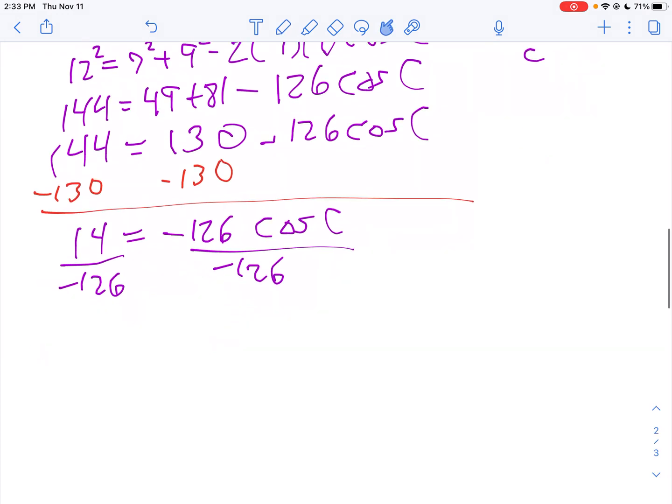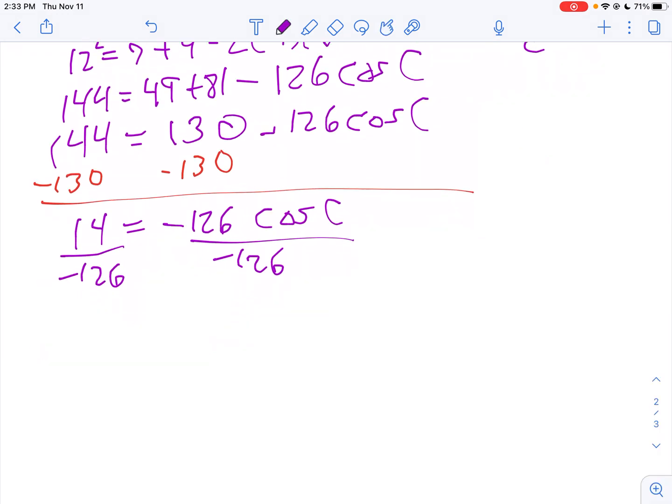And I will do a little simplifying too. So I'm going to say the cosine of angle C equals negative. If I can divide both of these by 2, I get 7 over 63, right? So negative 7 over 63.